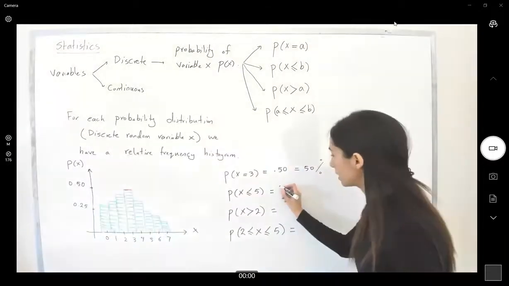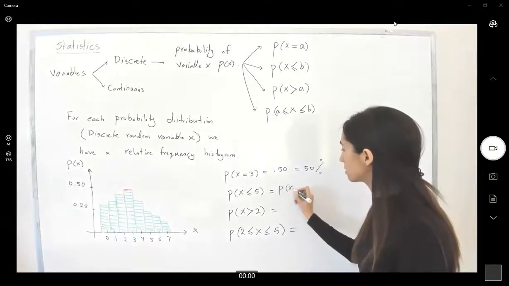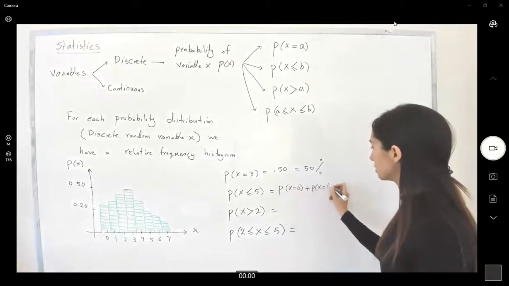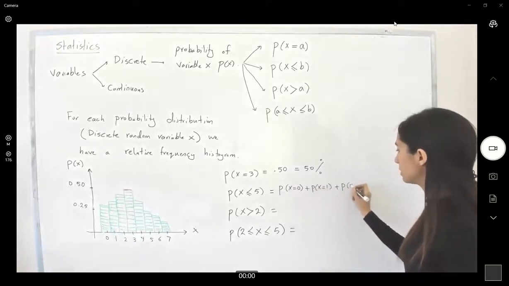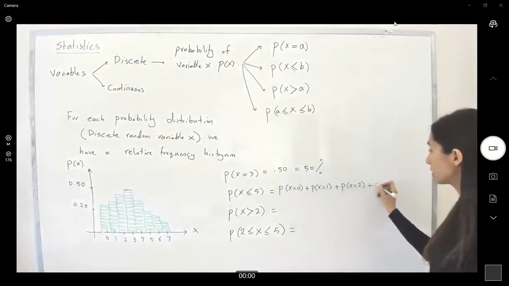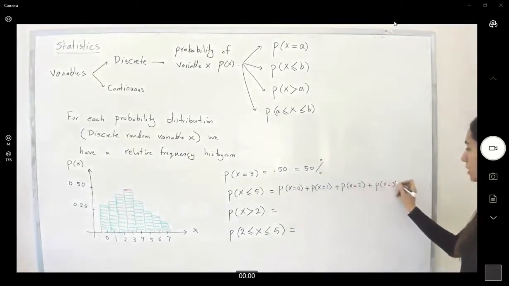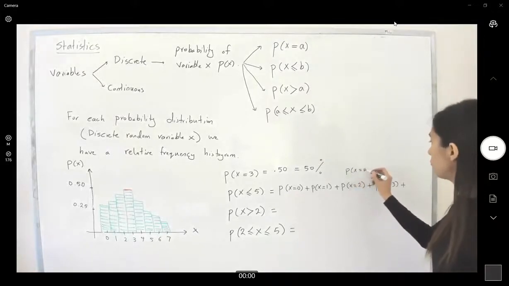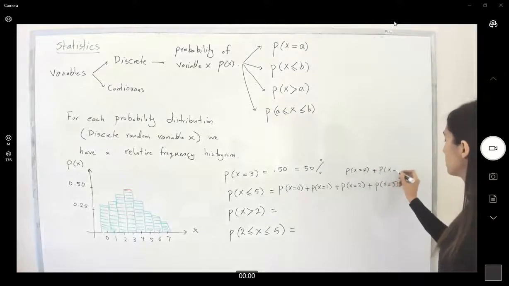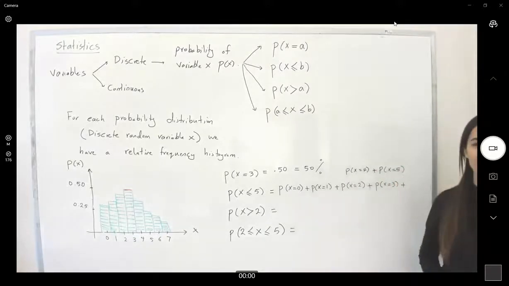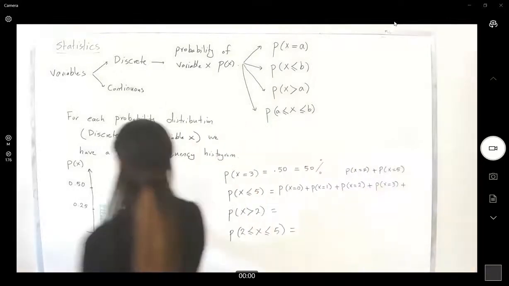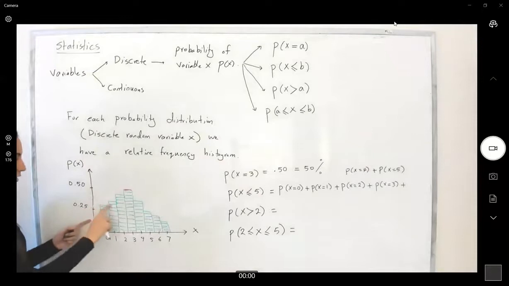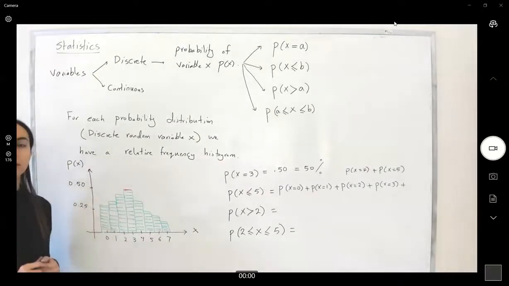So we can write it as the probability that x is equal to 0 plus the probability that x is 1 plus the probability that x is 2 plus the probability that x is 3 plus the probability that x is 4 plus the probability that x is 5.